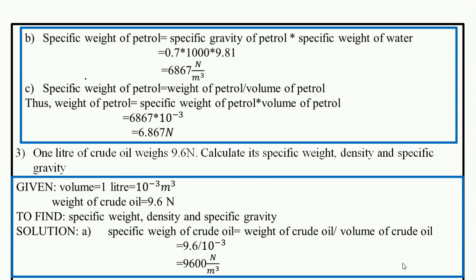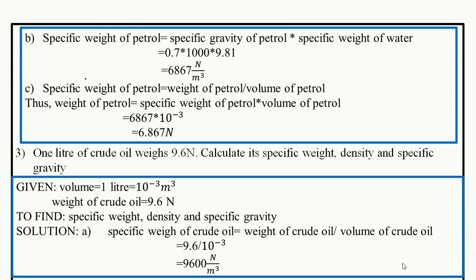Now the last numerical: 1 liter of crude oil is given which weighs 9.61 Newton. We have to calculate the specific weight, density and specific gravity. Here volume and weight of crude oil are given. Volume is 1 liter, we have to convert it into meter cube, so 10 raised to the power minus 3, and weight is 9.61.